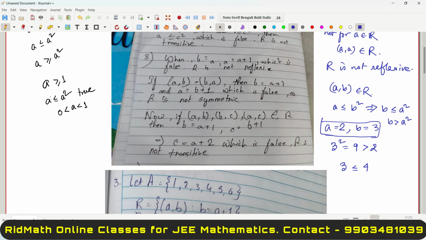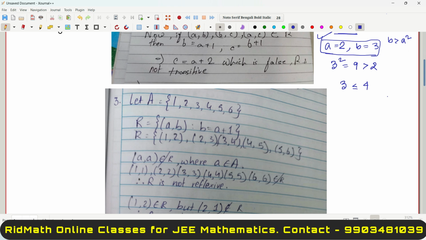For this example, (a, b) belongs to R implies (b, a) belongs to R. But we have to give a counterexample so that (a, b) belongs to R but (b, a) does not belong to R. That means a is less than or equal to b square but b is greater than a square. We have to show this.